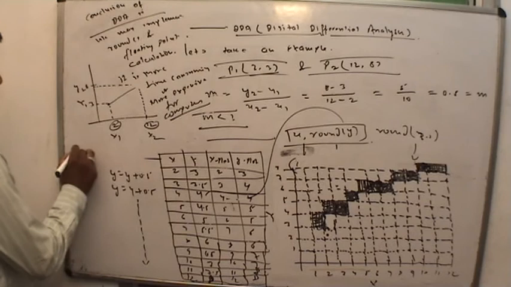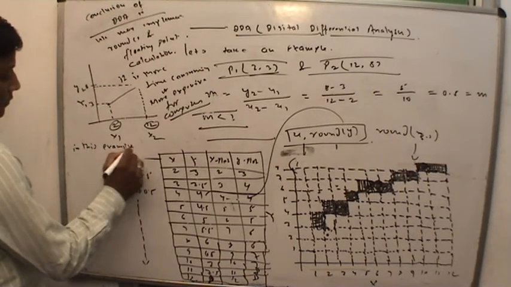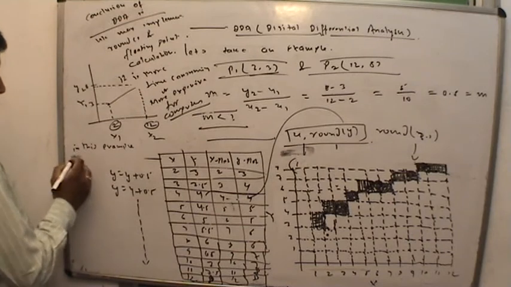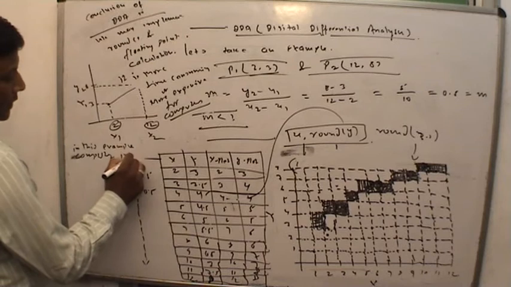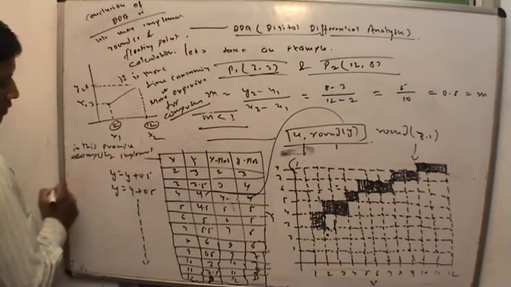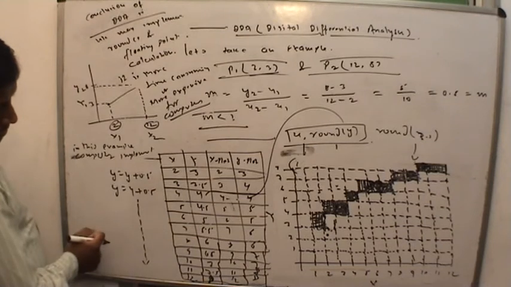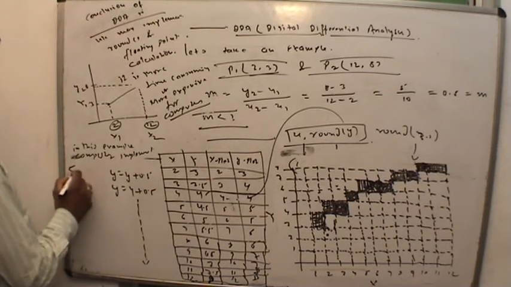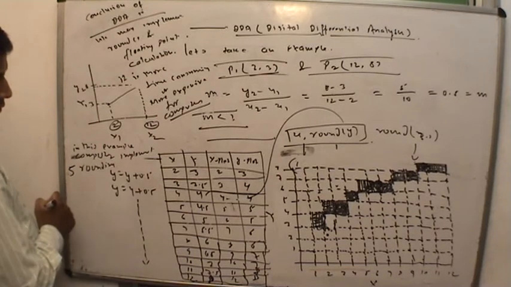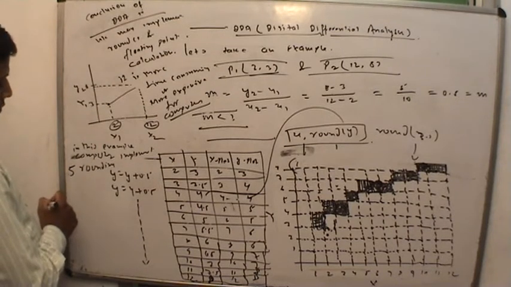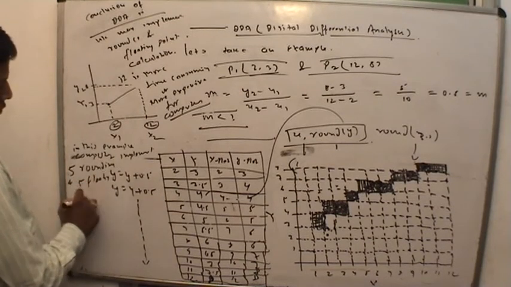In this example, the computer implements five rounding operations and five floating point computations.